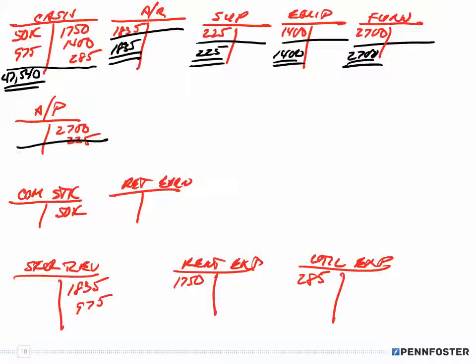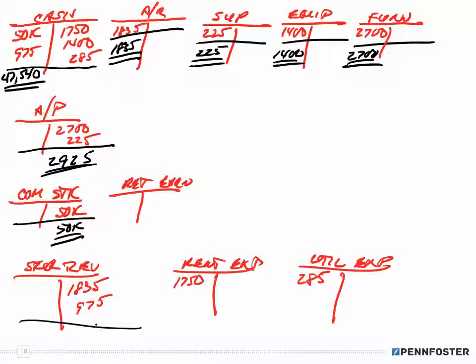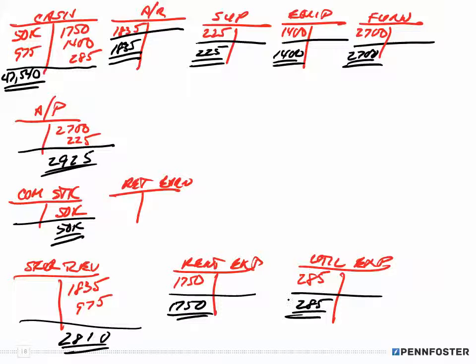Accounts payable, when I add up my credits, is 2925. For common stock, it's 50,000. I don't have anything in retained earnings. Remember, I created that account. Service revenue, I have 2810, 1750 for rent expense, and 285 for my utility expense.